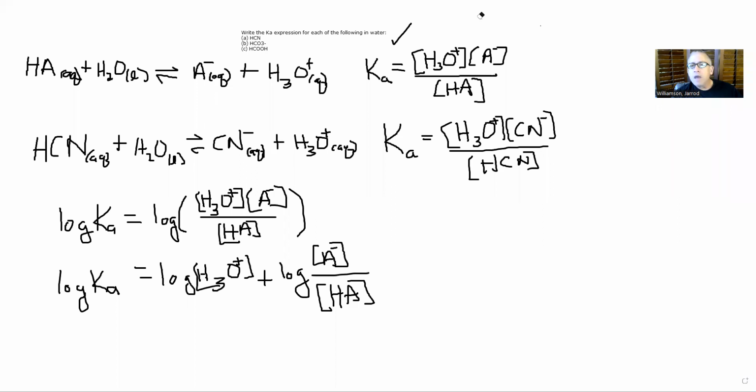So I'm going to end up doing this. I'm going to move this over there, and that over there. And you guys know if they swap sides, if I subtracted or added on the other side of the equal sign, they change their sign. So I'm going to end up with minus log of the H3O plus.